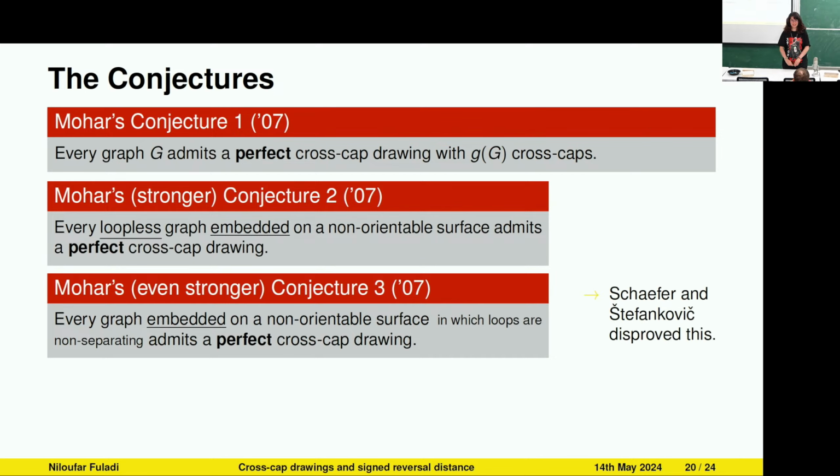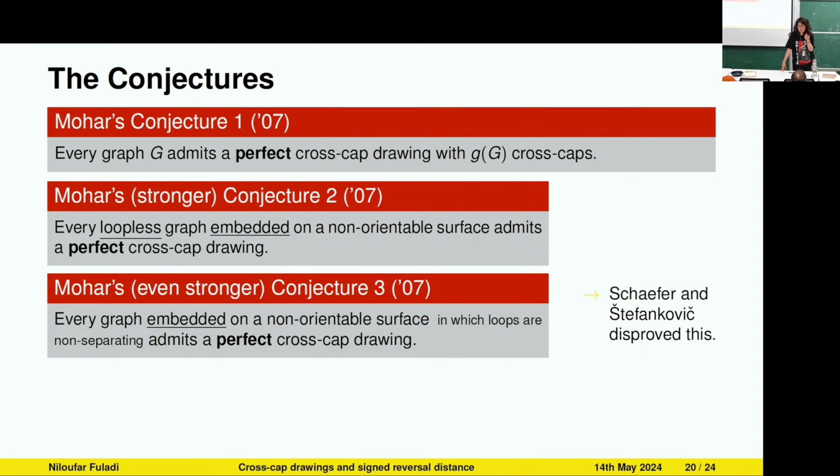So, no more questions? Really? Okay, I can ask more questions. Go ahead. In that setting, the bound is like 6 times. Would it be possible to weaken the stronger conjectures by saying we don't get a perfect cross-cap drawing, but we can bound the number of times something goes through a cross-cap? Is that realistic, or do the counterexamples admit arbitrarily bad non-perfect drawings?